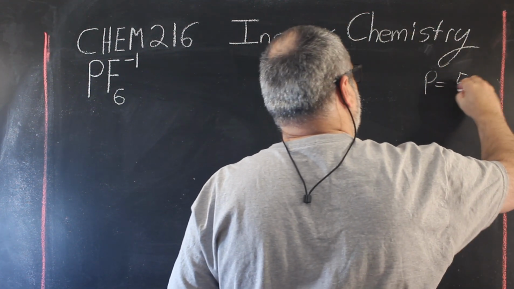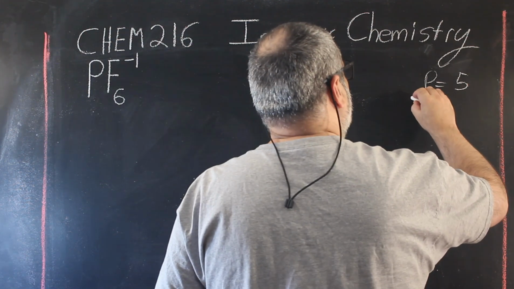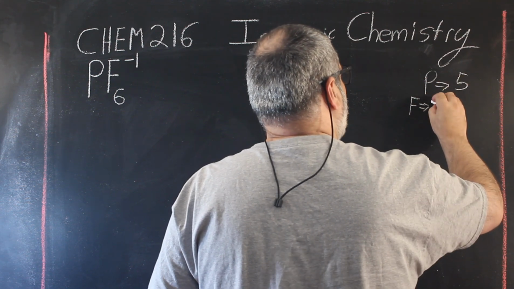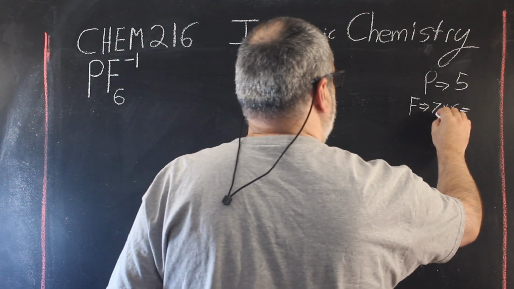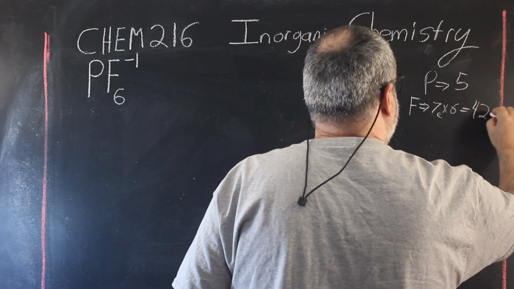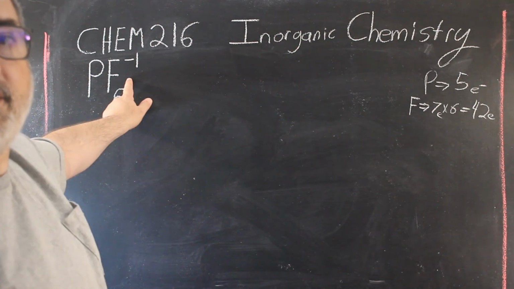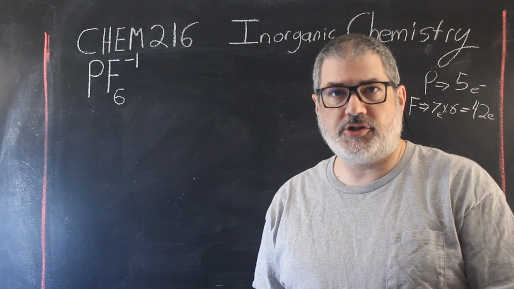Phosphorus has 5 valence electrons. Fluorine has 7, but there are 6 of them. Right, so that's going to be 42 electrons. This is an anion, -1 charge.